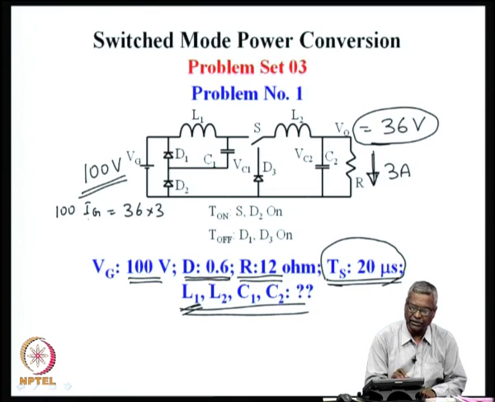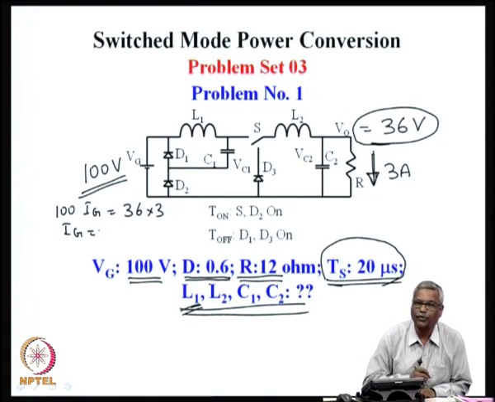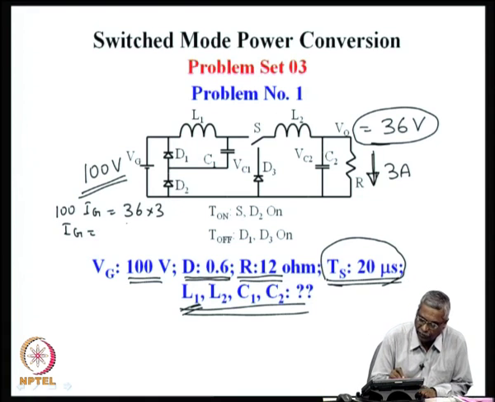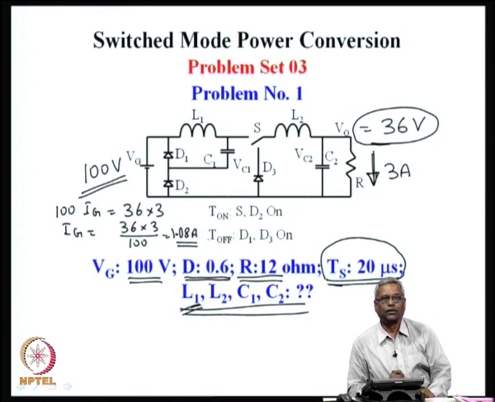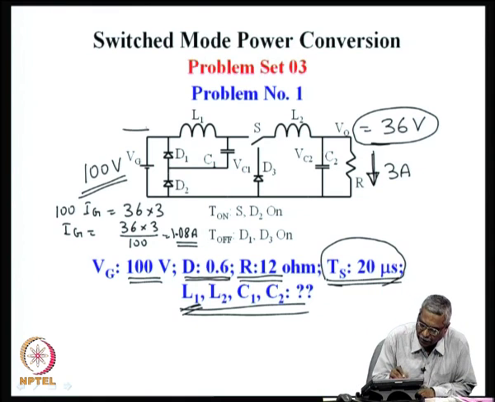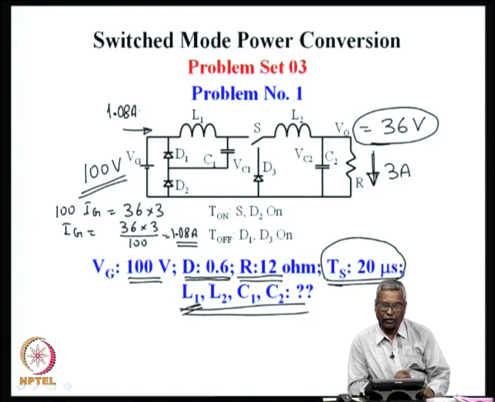Input power is Vg into Ig. So, from this we can say that the input current Ig, average current will be 36 into 3 divided by 100, and that is 1.08 amperes. So, what we might say is that the average current drawn from this converter is 1.08 amperes.